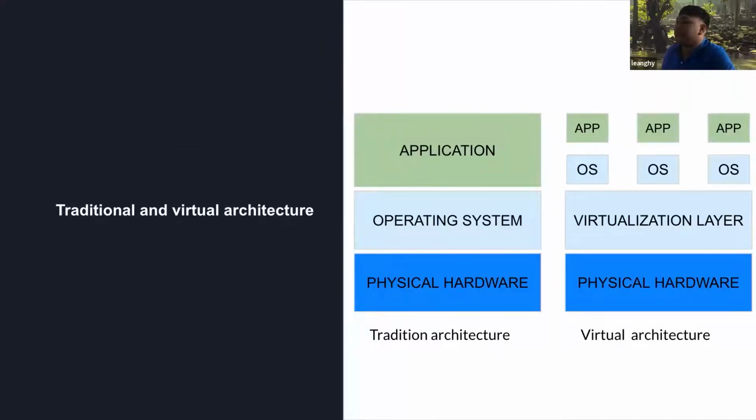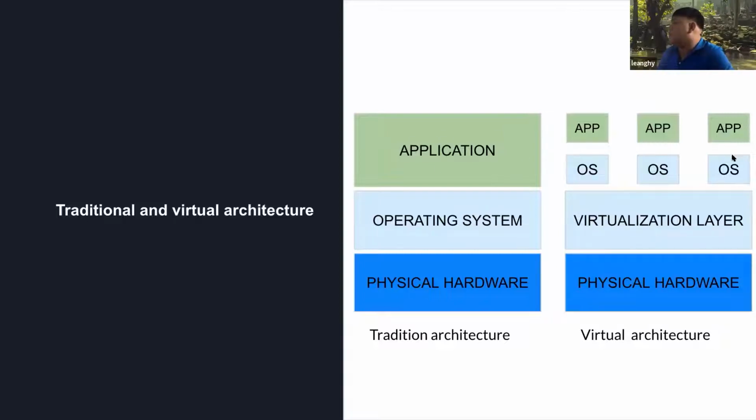So let's look at the picture of the traditional server and virtual server architecture. We can see the difference on the physical hardware. After that, the next is the hypervisor layer, whereas in the physical server we have the operating system directly, and the application on top.